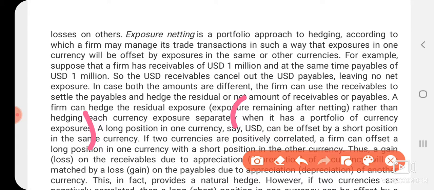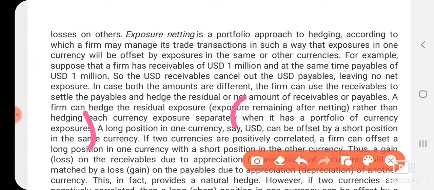I have said that a portfolio is nothing but a combination of securities. We choose residual exposure rather than doing each one separately, and only when we have a portfolio of currency exposures can we use it.